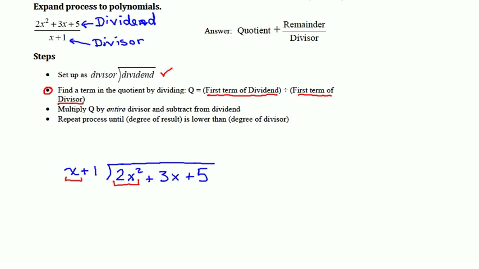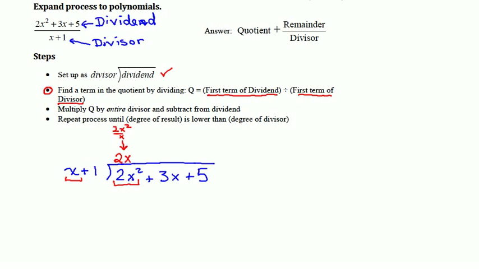So my calculation, 2x squared divided by x: the x squared divided by x is just x and the 2 remains. So this first term in my quotient is 2x.